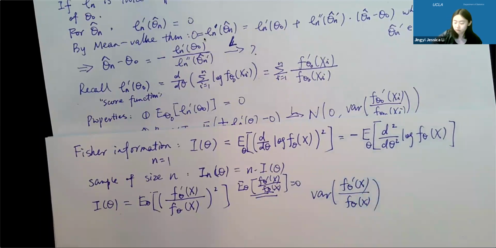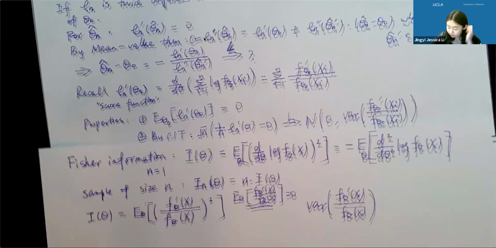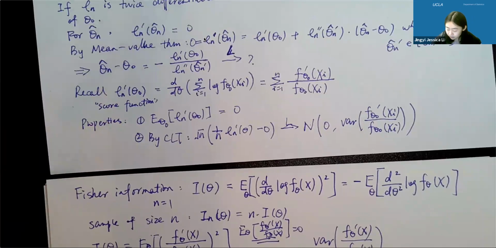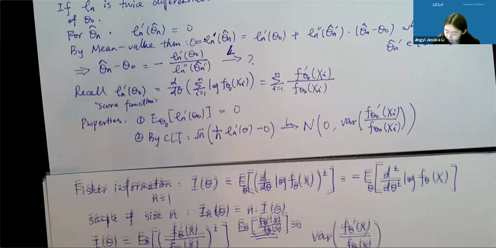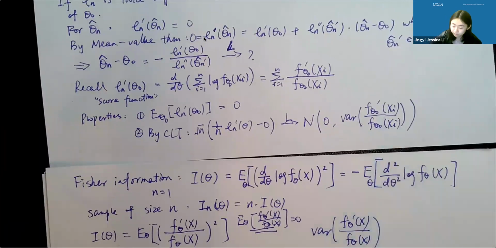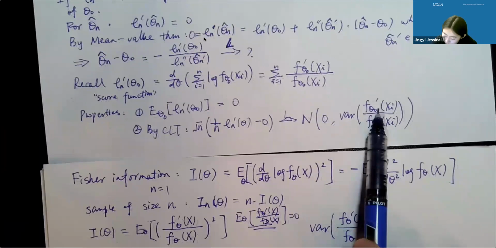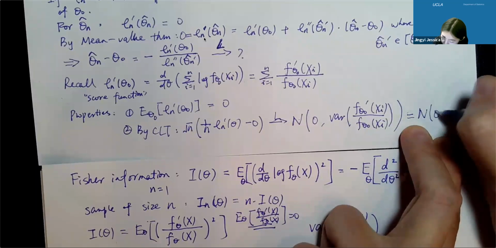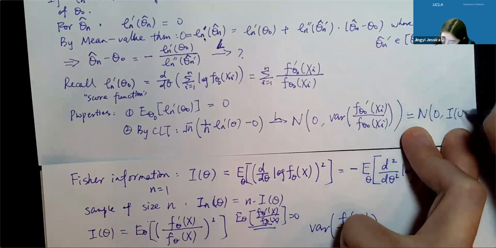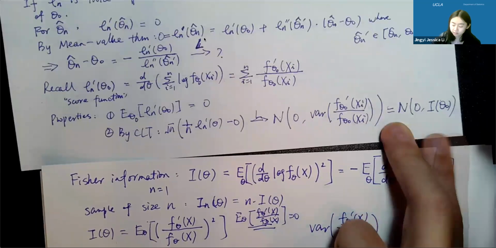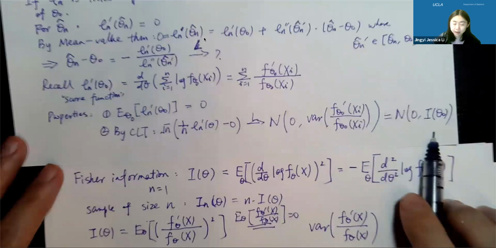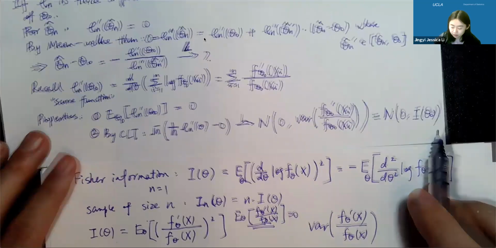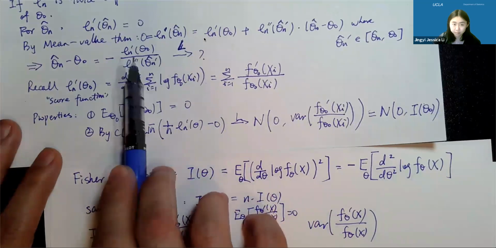So that's why I'm saying that essentially what I have here is the Fisher information at the true parameter value. That's it. And this is about the numerator in this term.